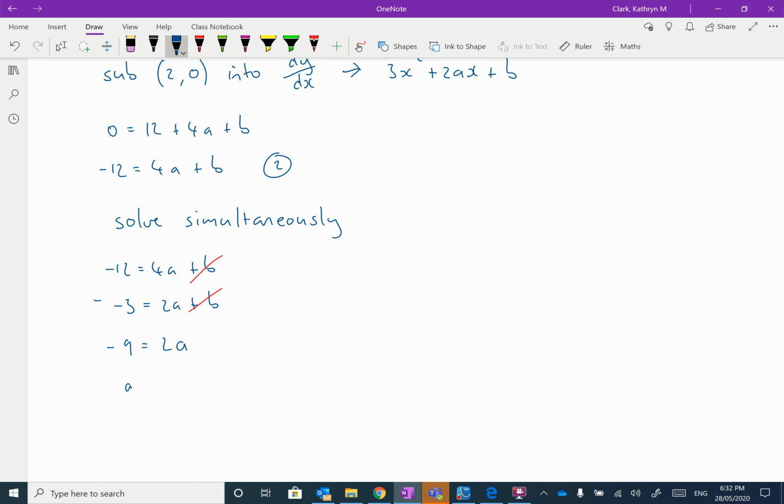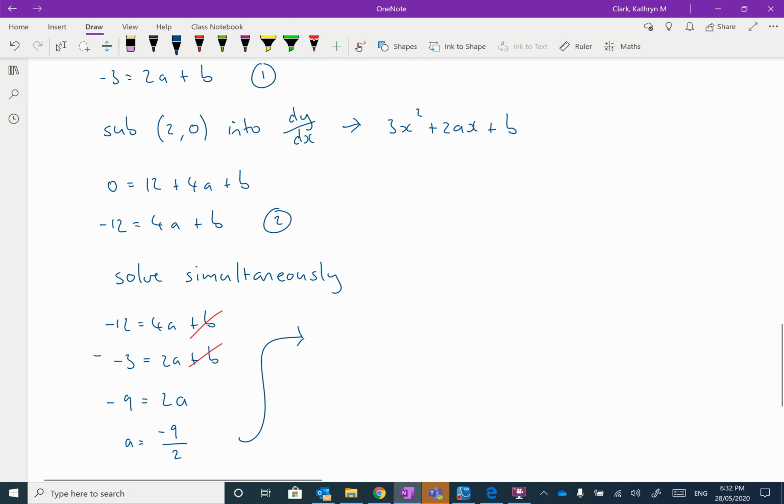Alright, solving for a here gives us -9 on 2. Sweet. Alright, let's chuck that into our first equation now to solve for b. 2 lots of -9 on 2 plus b. It's a terrible b. Alright, so -3 will equal -9 plus b.